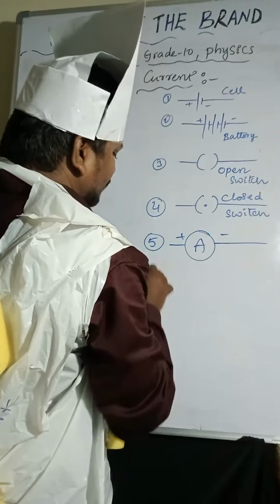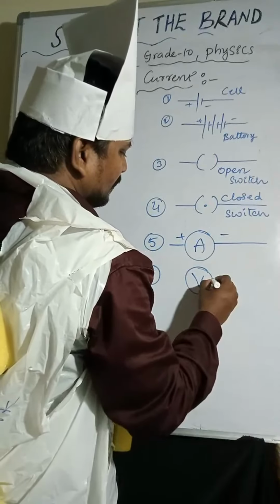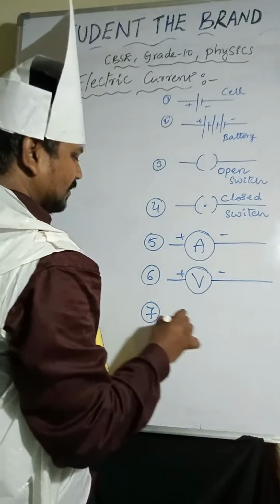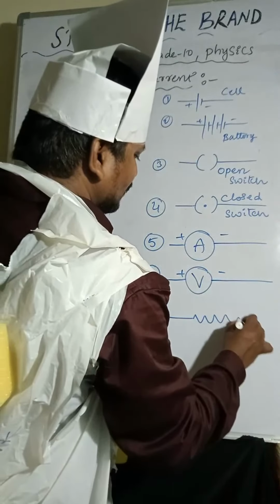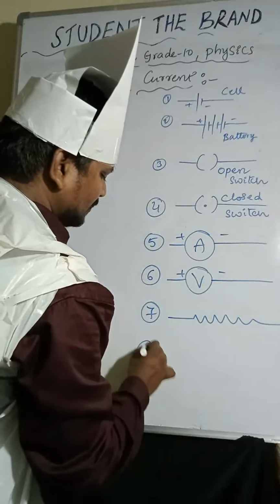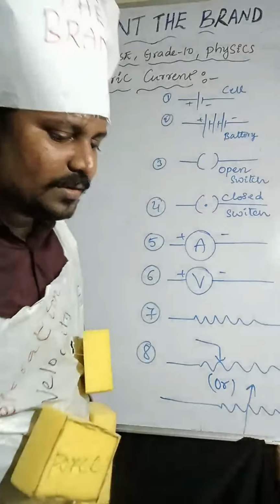Next is the voltmeter. The seventh one is the resistor. Coming to the rheostat, you can draw it either like this or like this. Rheostat.